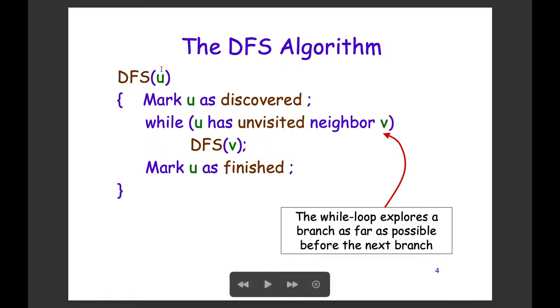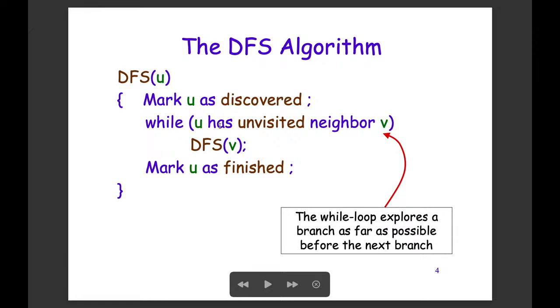So the idea here is, DFS is a procedure of performing depth search starting from a certain node U. When we perform DFS of U, we will first say U is now discovered.